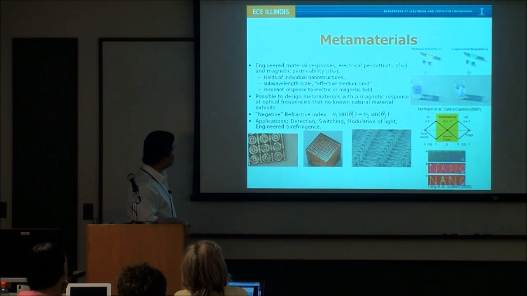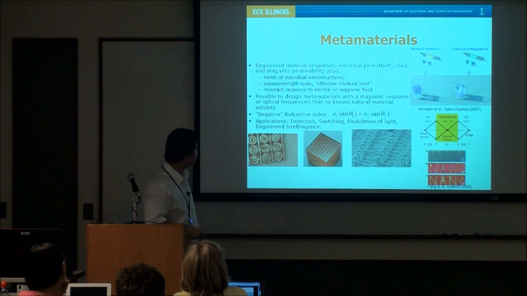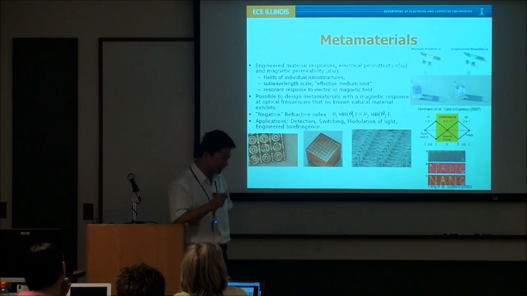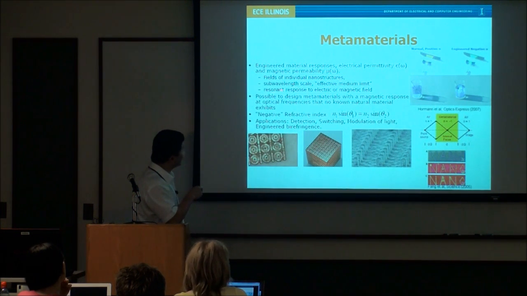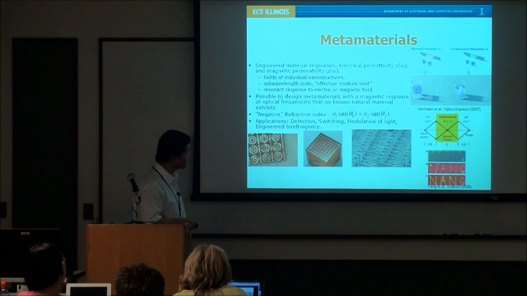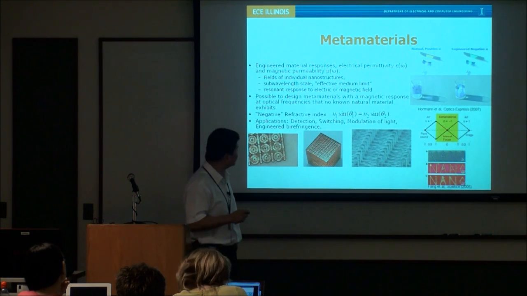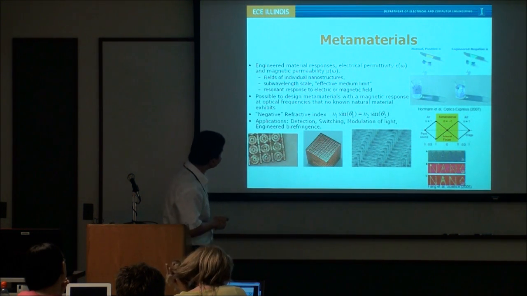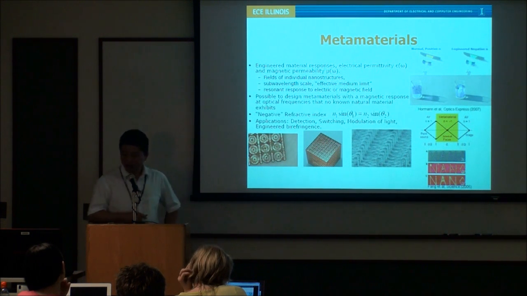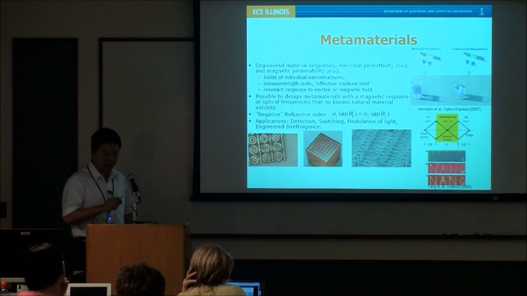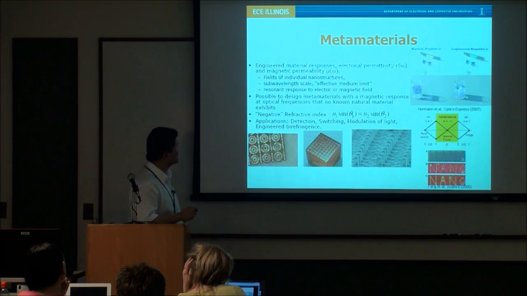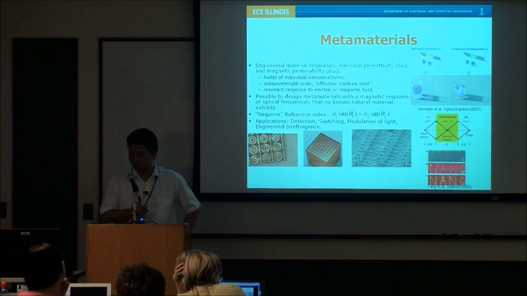For metamaterials, we look at the fields of individual nanostructures to study how the electromagnetic fields distribute within those structures. We also have to look at the sub-wavelength scales to see what the effective medium limit is, and at the resonant response of the materials to the electric or magnetic fields.